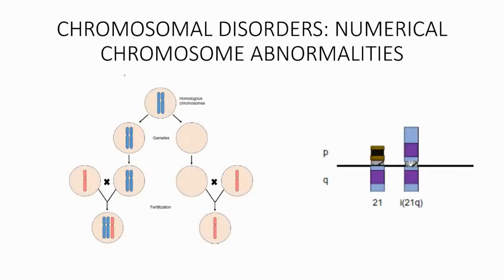Okay, CGH. And chromosome disorders are basically caused by abnormalities in the number or the structure of chromosomes, and cytogenetic karyotyping is a standard practice to identify all chromosomal disorders. Okay.